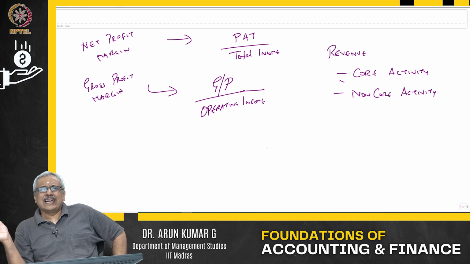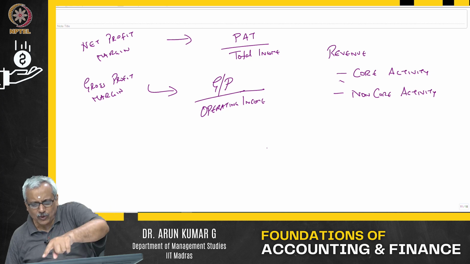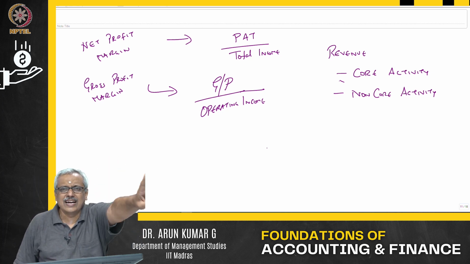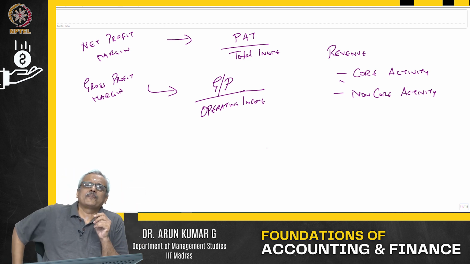I have extra space. I have rented it out to somebody. When I am earning rent on that, is that revenue on the core activity? No, non-core activity. My core is only to manufacture vehicles, sell vehicles and then service the vehicles.